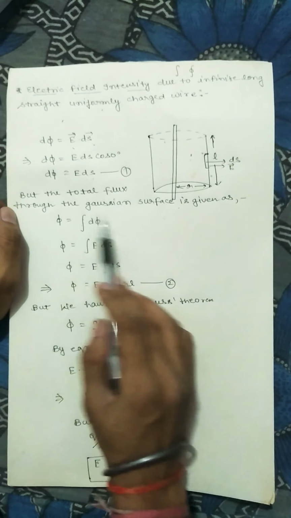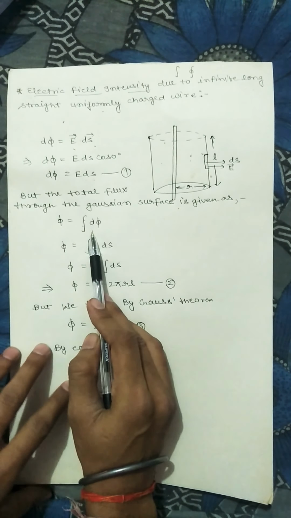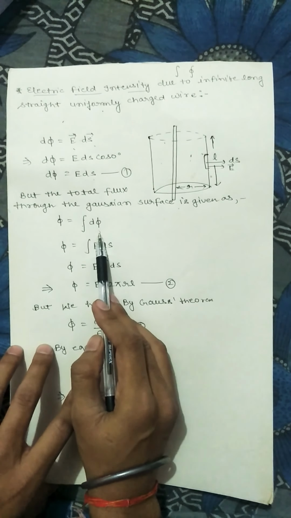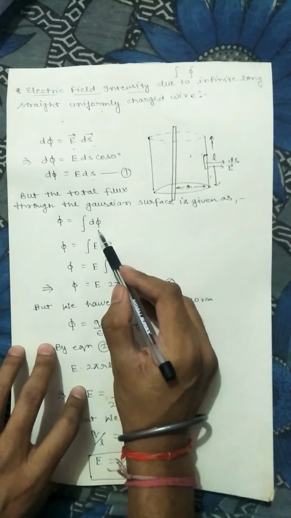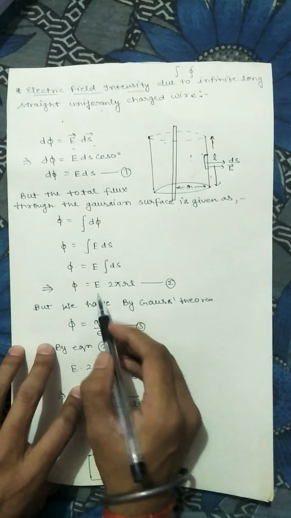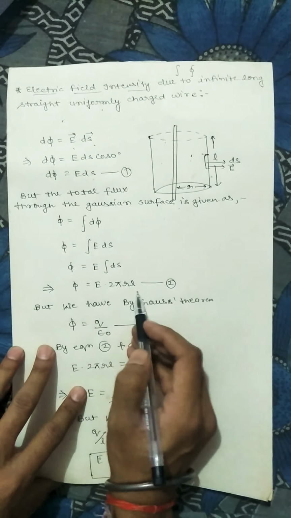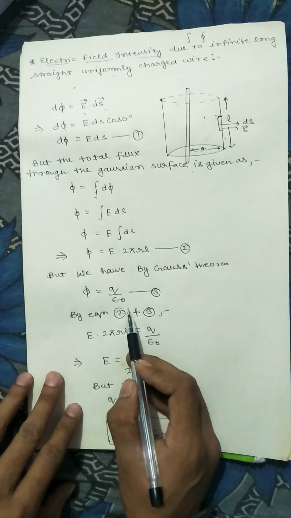The total flux through the Gaussian surface is given as phi is equal to line integral of d phi. Here we use the line integral because we are talking about the length. Putting the value, we get E times 2 pi rl. But by Gauss theorem, phi is equal to q upon epsilon naught.